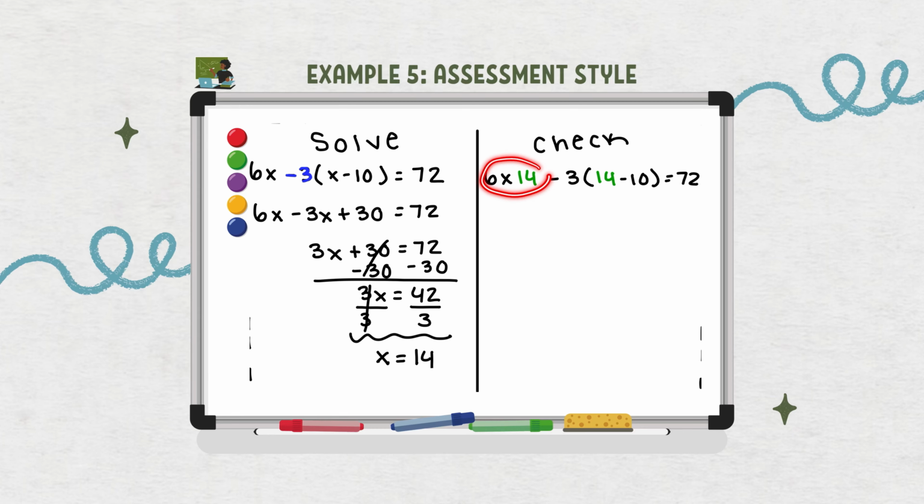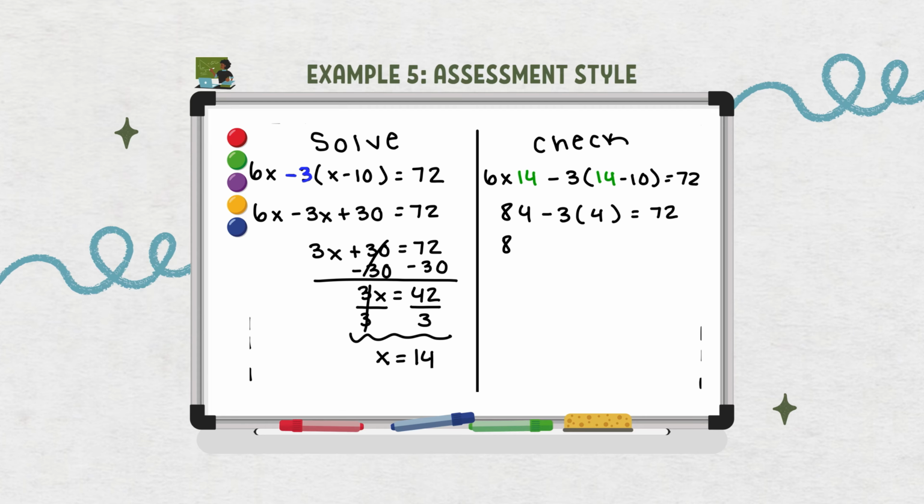Now, let's do the first multiplication first. 6 times 14 is going to give you 84. Now, we can either use the distributive property or you can go ahead and solve what's inside the parentheses. So that's going to give you negative 3 times 4, because 14 minus 10 is 4, equals 72.